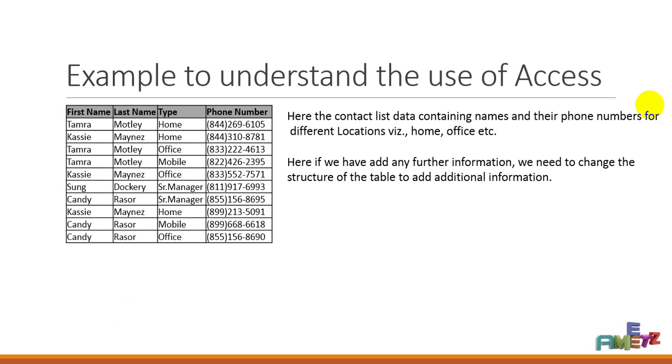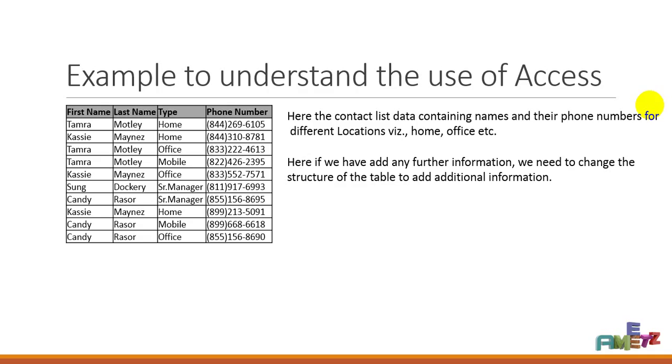So now there is an example to understand the use of an Access database. Look at this table. This table has first name, last name, the type of phone number, and the phone number. The names are repeated because each person has 3 to 4 phone numbers, pertaining to his mobile number, home number, or office number and so on.